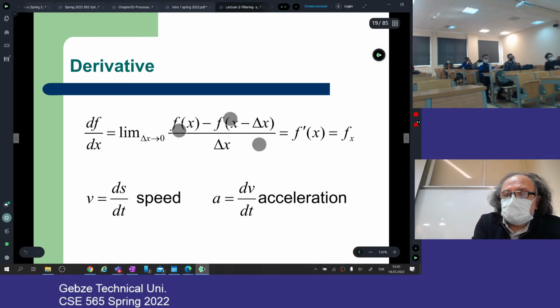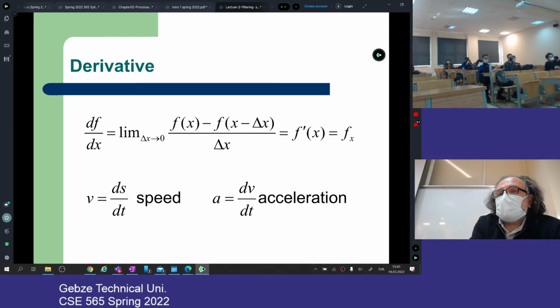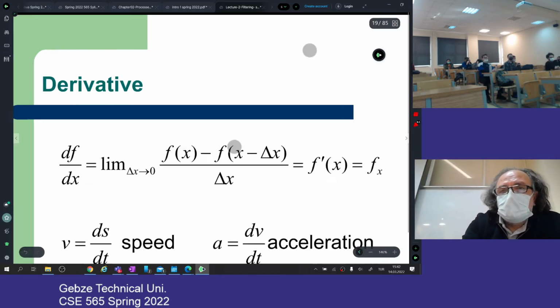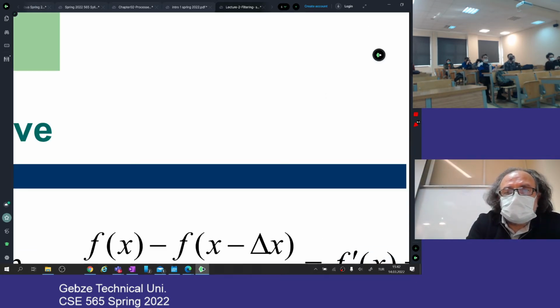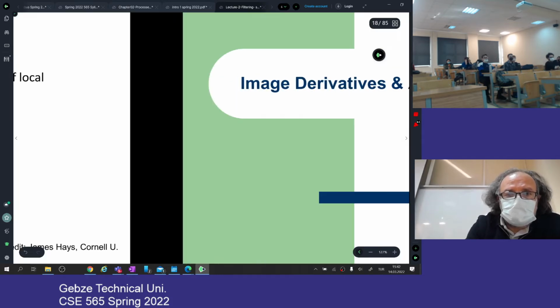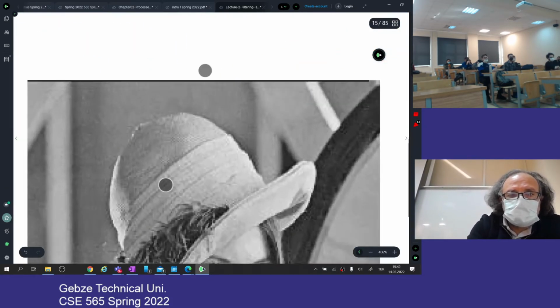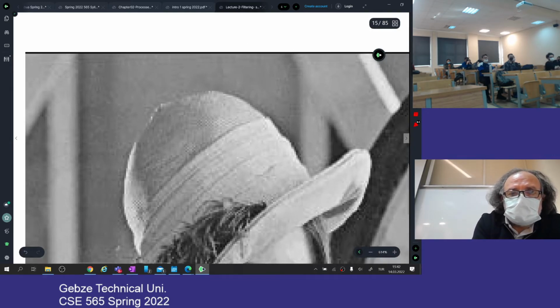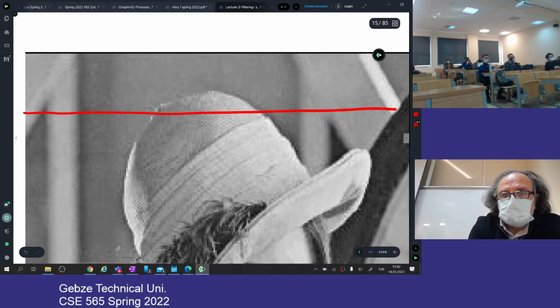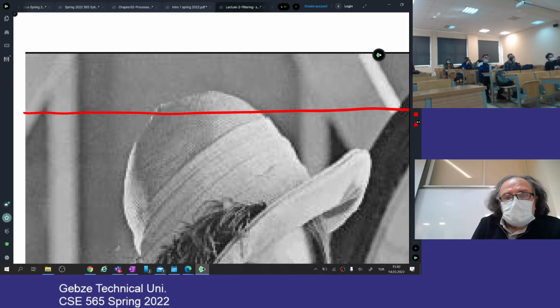However, we are going to use this a lot to analyze our images, because what is the derivative actually? The derivative is the rate of change. Let me get one of the images and take this line. On this line I have intensity levels.